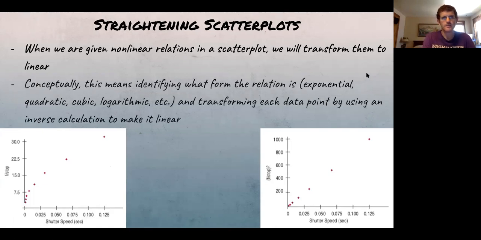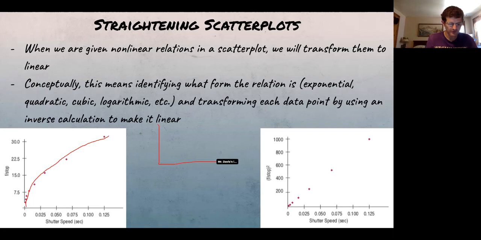This basically means identifying what form the relationship takes, and then transforming it using an inverse calculation. So in this case, this right here is what we started with. And that takes the form of a square root function, which, remember, is just like a parabola turned on its side. So we could look at that and say, I think that's parabolic, or I think that is square root.